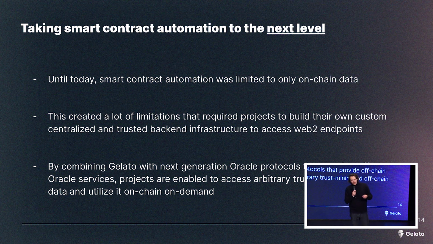And that's why we came up with a way you can use Gelato in conjunction with Oracle protocols that do not, like most of them do today, just take data and post it repetitively on chain, but take data, agree on it, sign it, put it somewhere like IPFS, Arweave, or whatever, and then be able to query that on demand and put it on chain.